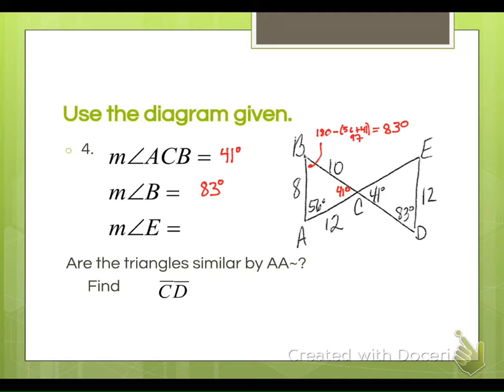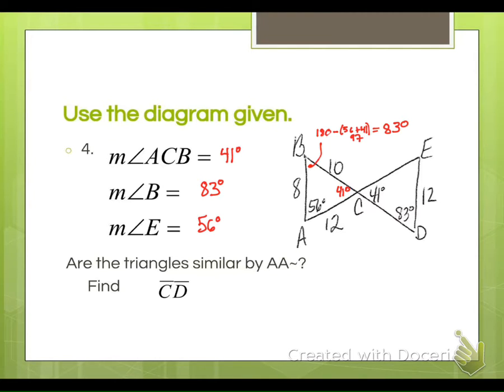I could go through the fact of taking 180, subtracting, but I know what I'm going to get. I already have two congruent angles. That means my other angle has to be congruent. So you just told me it, Rio. What was it? 56. We know it's going to be 56. We got that from vertical angles, A, C, B, since we had that. So what was the point of us doing all that math if the answer was right at the bottom?